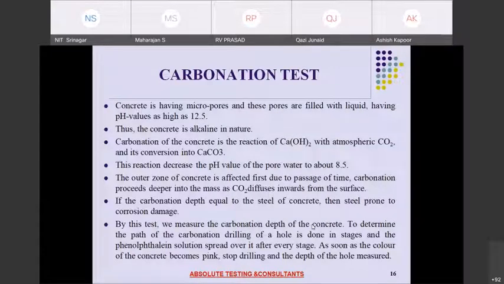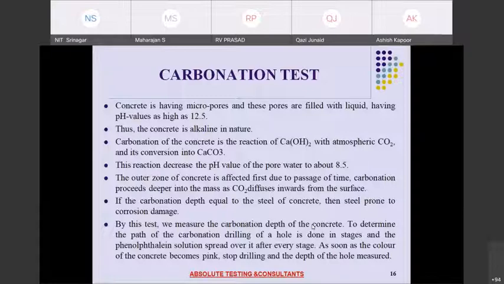In case of footings, where you are not able to place the transducers opposite to each other, you have to place them perpendicular to each other, which is called the semi-direct transmission method. And the third one is in case of slabs, where both these methods are not possible, then you have to place both the transducers on the same plane. That method is known as indirect transmission.